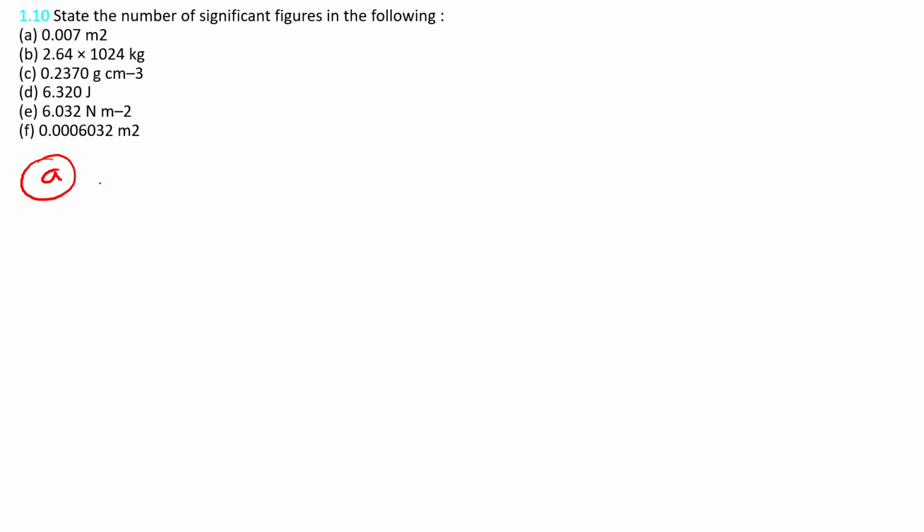If you study the rules of significant figures, you can write it as 7 into 10 to the power minus 3 meter square. So the number of significant figures here is 1.